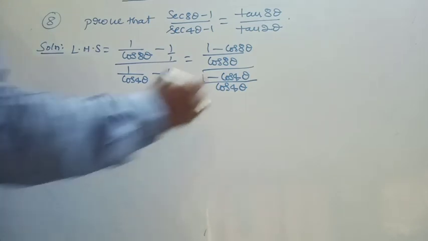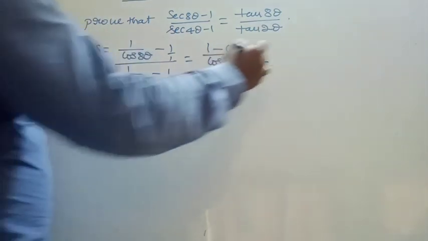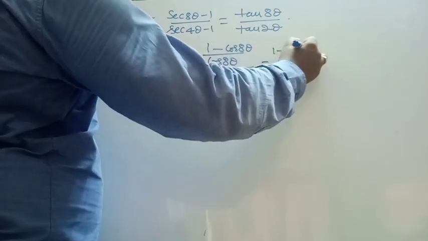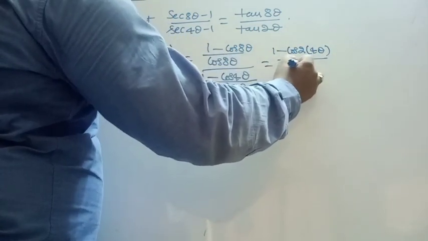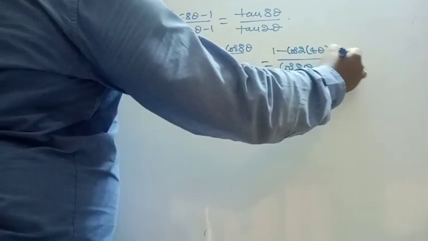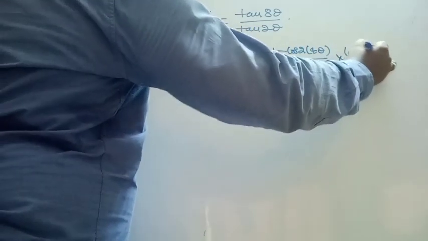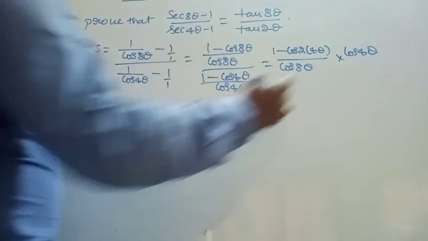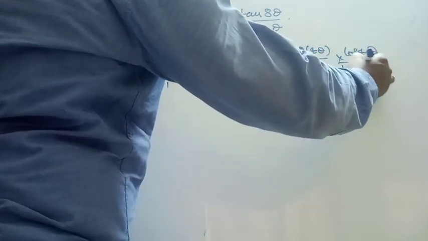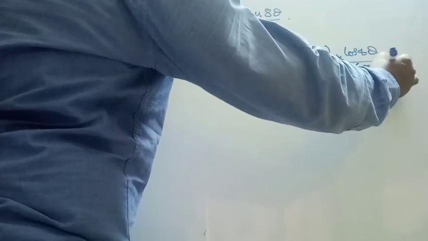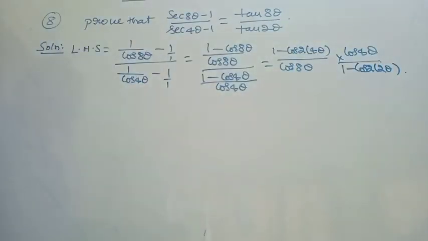Now this is cos 8 theta, my dear students, you can write as 1 minus cos 2 into 4 theta, divided by cos 8 theta you are having, and this is now cos 4 theta. This will come to the numerator, divided by 1 minus cos 4 theta, you can write it as 1 minus cos 2 into 2 theta like this.